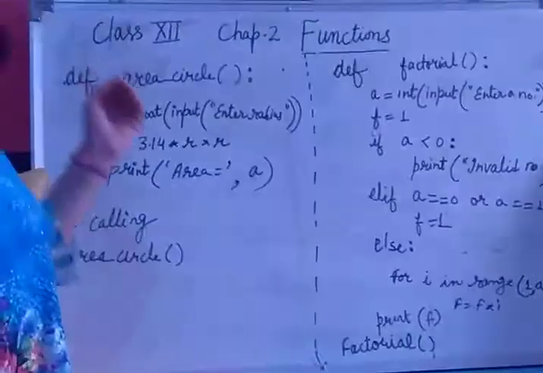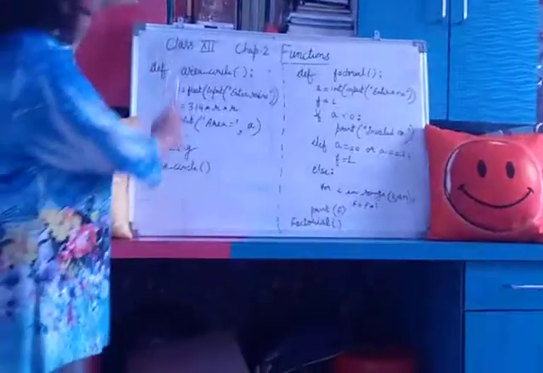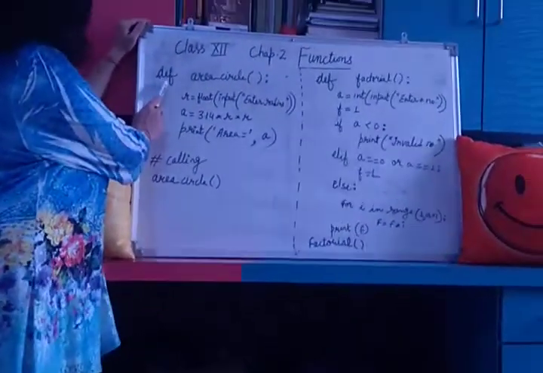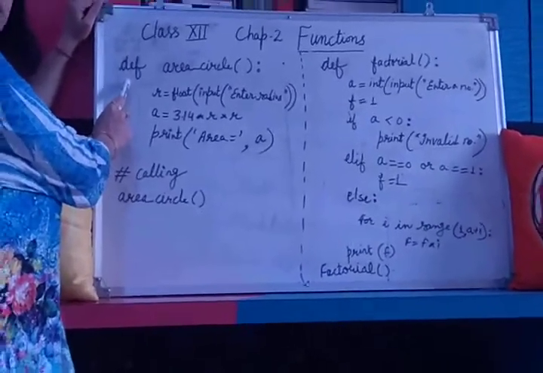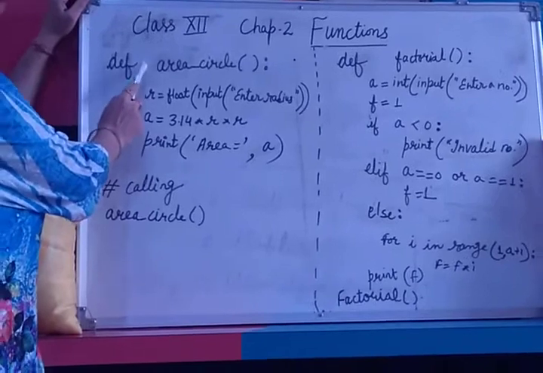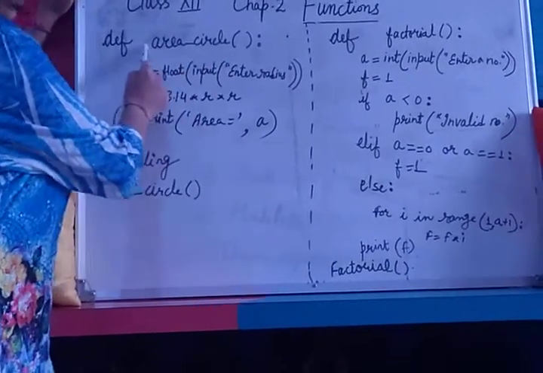Now let's understand how to define a UDF, that is a user-defined function. First you have to write def. This is the statement to define a function. Then you have to give a space. After that you have to give a name to your function.